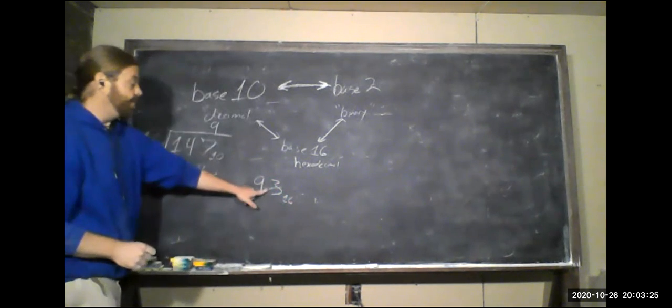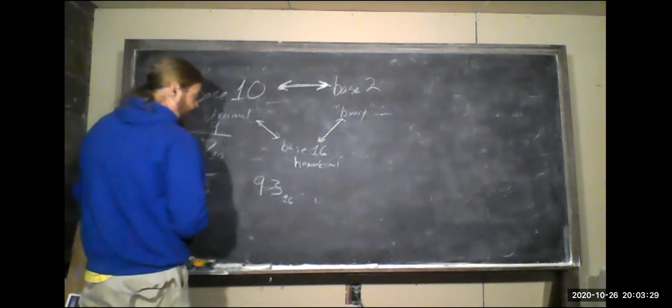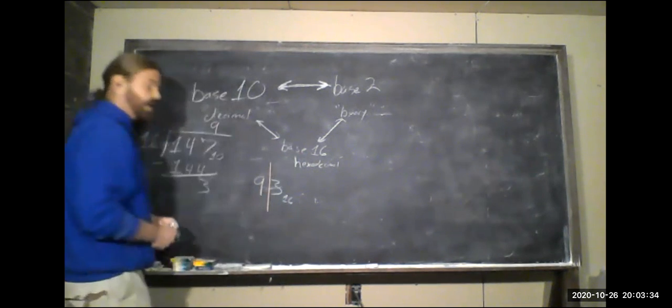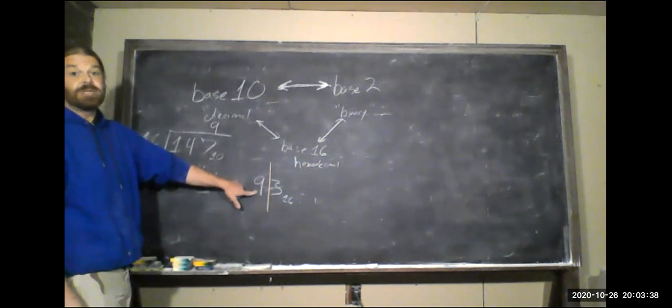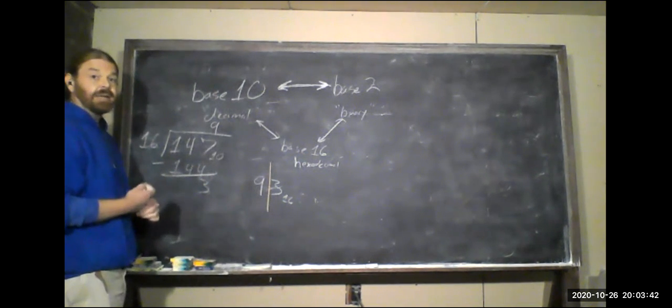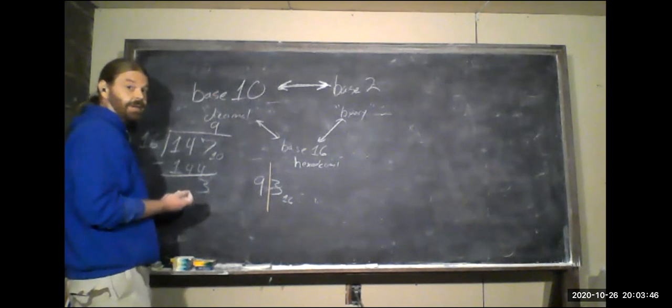And then to get from base 16, or hexadecimal, into binary, we just take each one of our digits, split it up, and do the 4-bit representation of that digit. So a 9, what is a 9 in binary? Do you know this one?